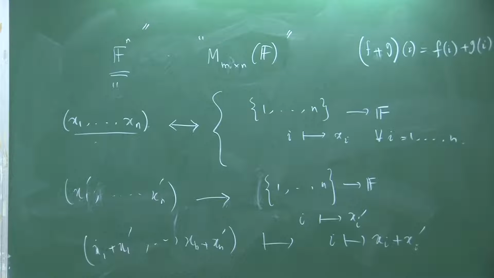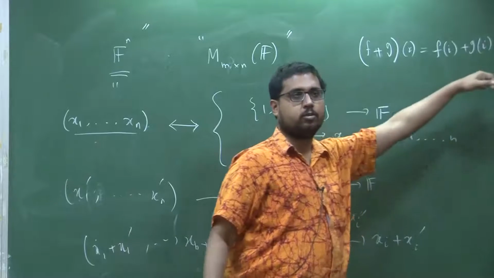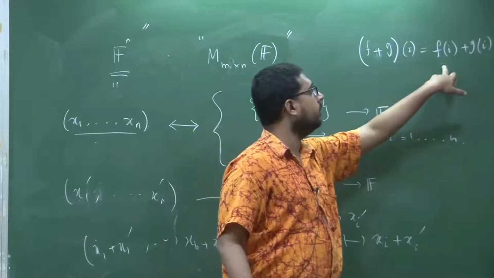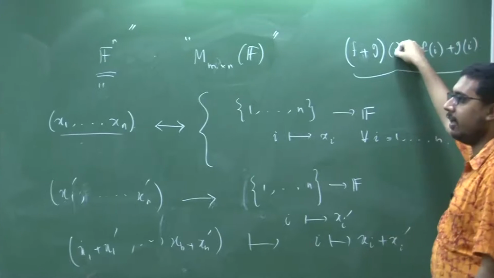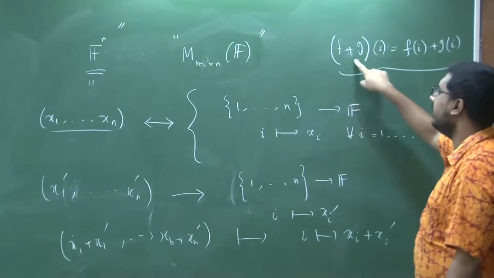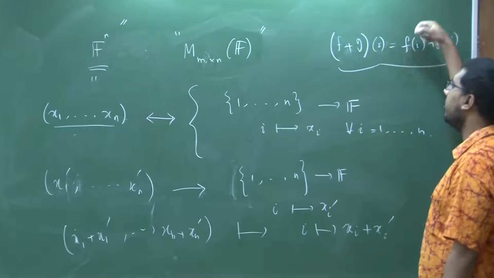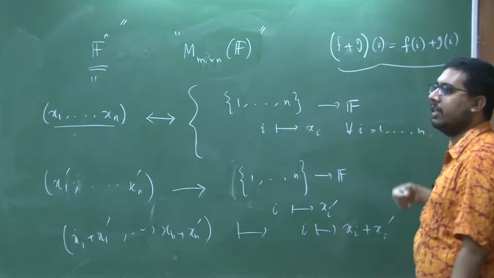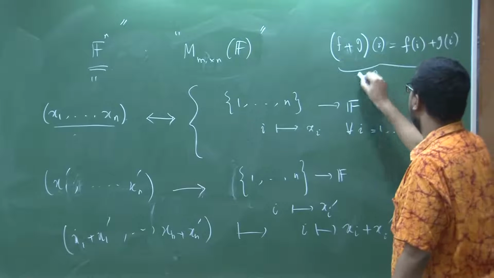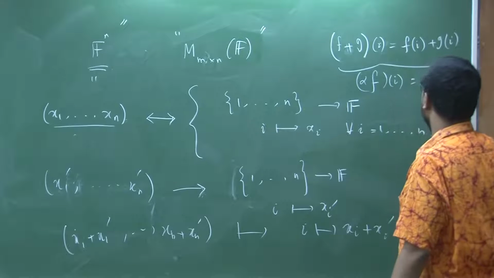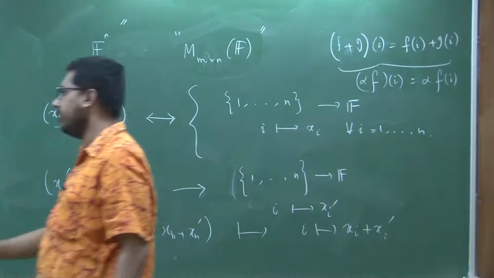So, the component-wise addition corresponds to what we can call pointwise addition, because for any given point i, you add the values of the individual functions at that point i. Similarly, for scalar multiplication, one has this. In this example, this is called the pointwise scalar multiplication.